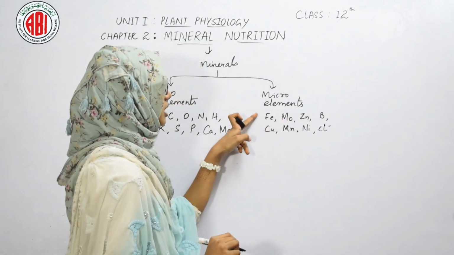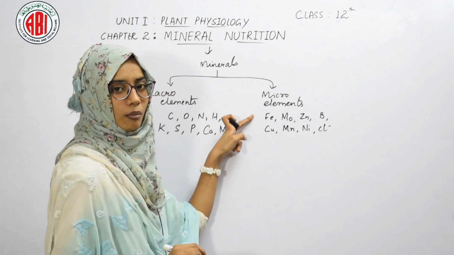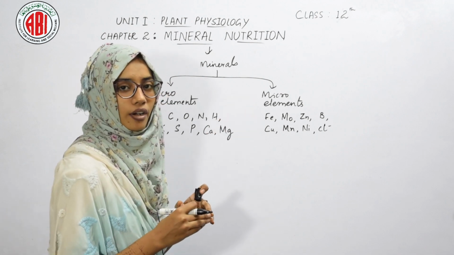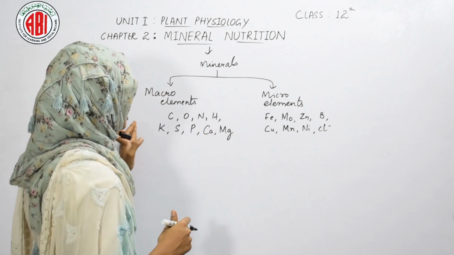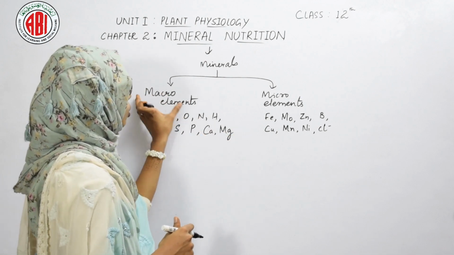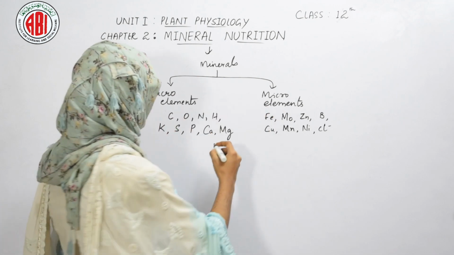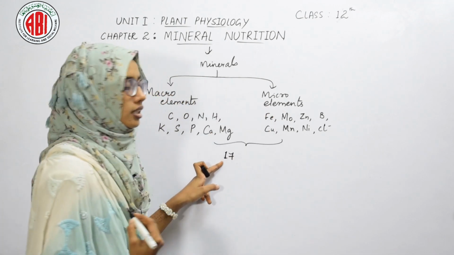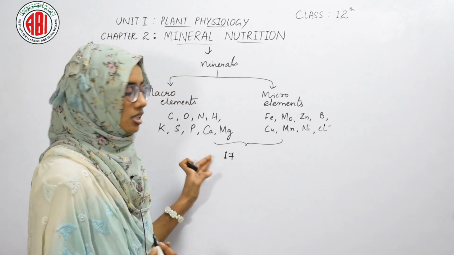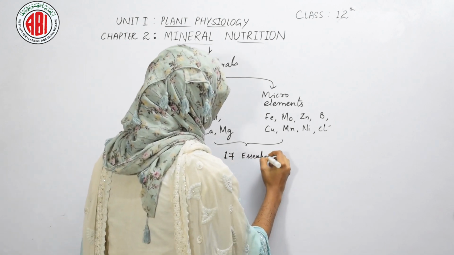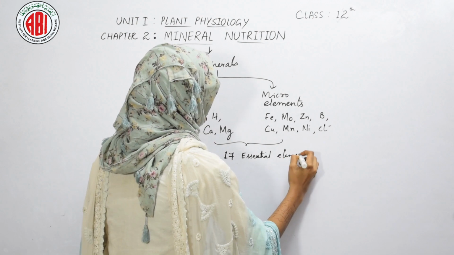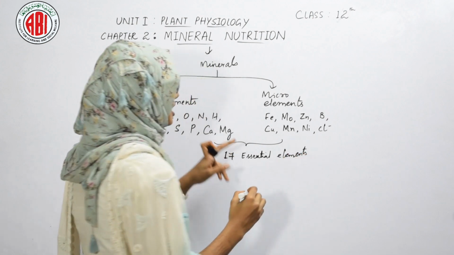These 8 elements are considered as micro elements, which are required in a lesser amount by the plants. When we add up the macro and the micro elements, it shows a total of 17 elements. These 17 elements are termed as essential elements.